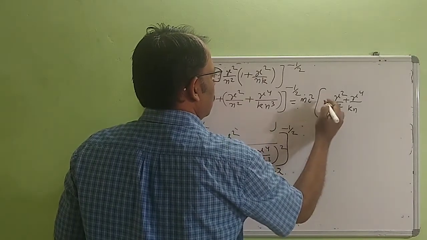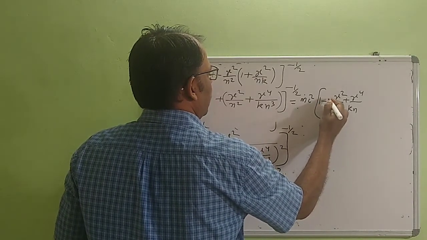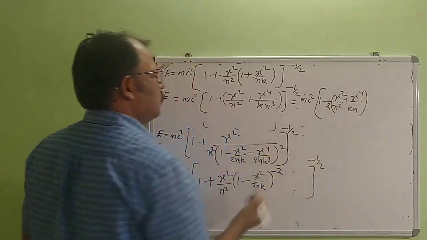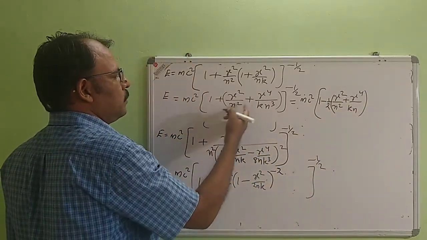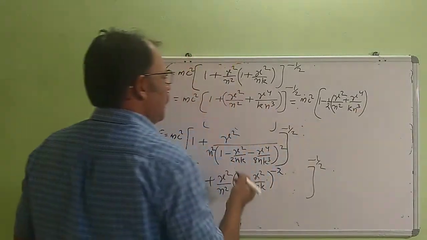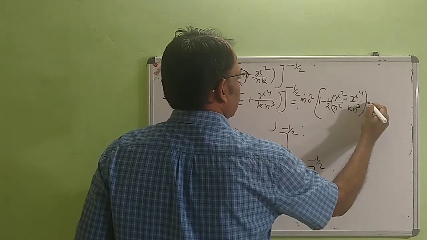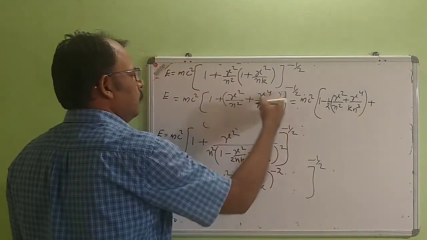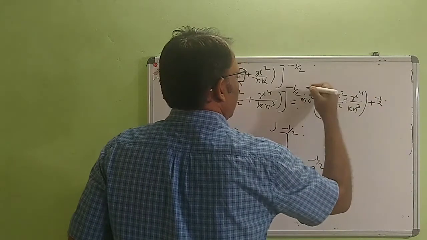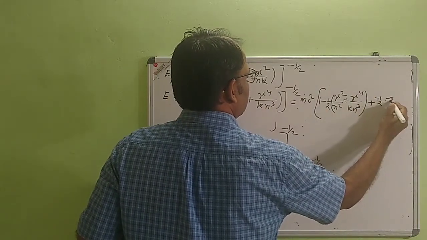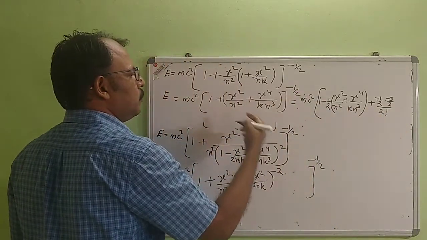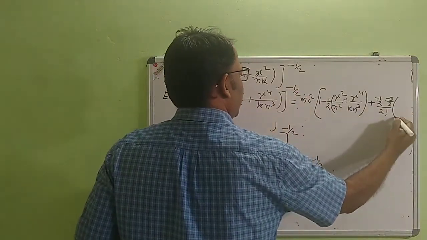So 1 minus 1 by 2 into gamma square by 2n, gamma square by n square plus gamma raised to 4 by k n cube plus n into n minus 1, minus 1 by 2 into minus 1 by 2 minus 1, minus 3 by 2, by 2 factorial, n into n minus 1 by 2 factorial into x square.